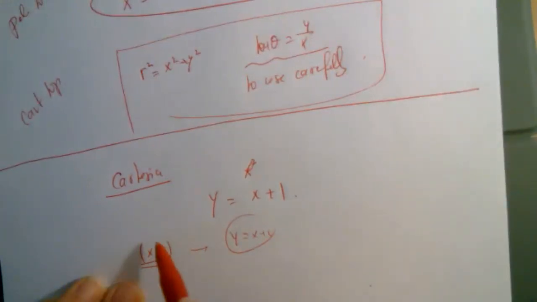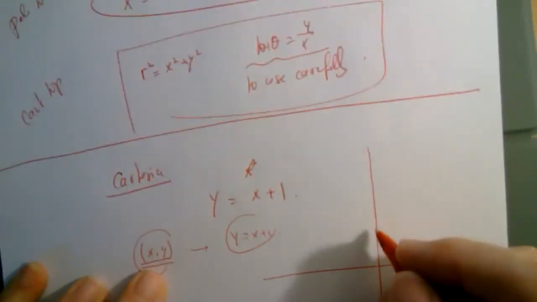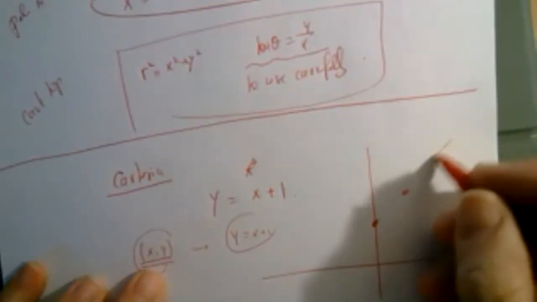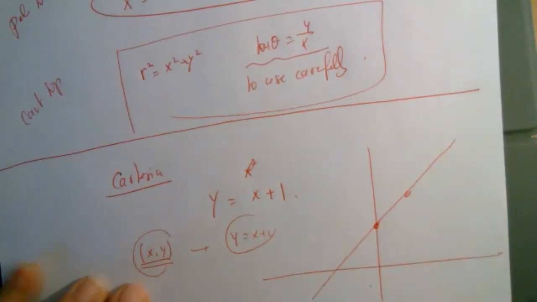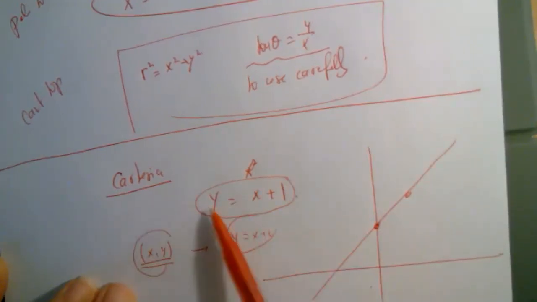So we take all the points that satisfy this equation, we go to the Cartesian coordinate, and we start plotting them. So we say that, okay, if x is 0, y is 1, if x is 1, y is 2, and we start plotting those points. That's really what it means to sketch the graph of this curve in Cartesian, all the points that satisfy this curve.